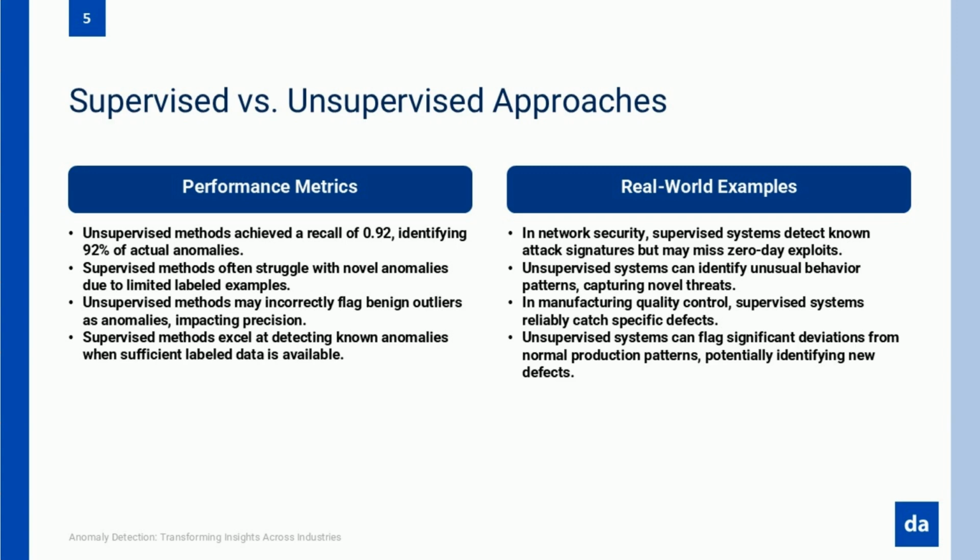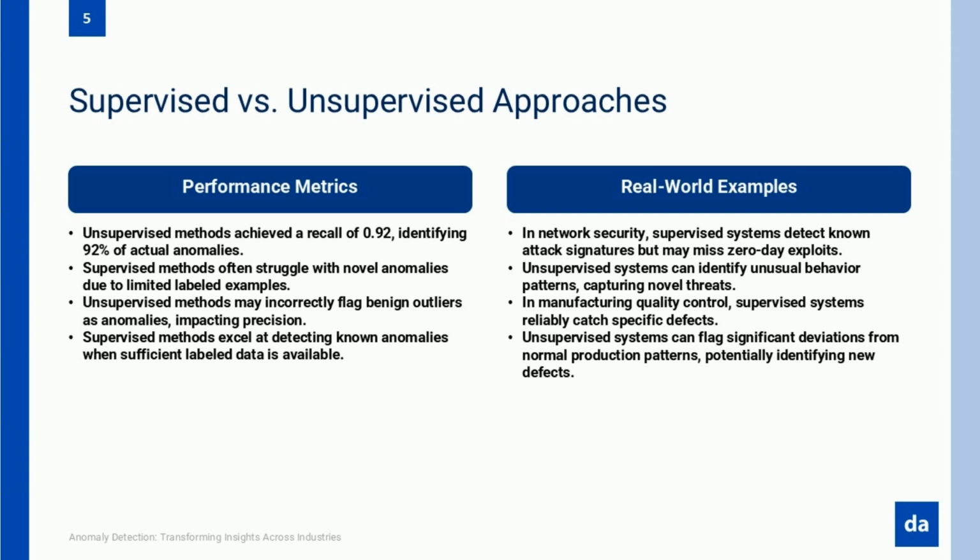What's particularly interesting is how performance varies across different anomaly types. Supervised methods typically excel at point anomalies, individual data points that clearly deviate from normal values. Unsupervised methods often have an edge in detecting contextual anomalies, where values are anomalous only in specific contexts, and collective anomalies, where sequences of observations deviate from expected patterns.